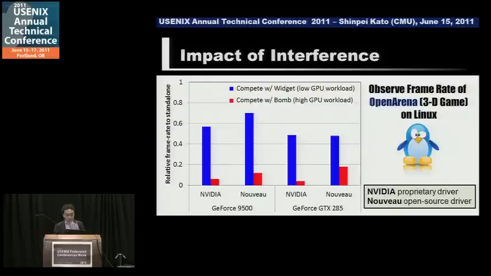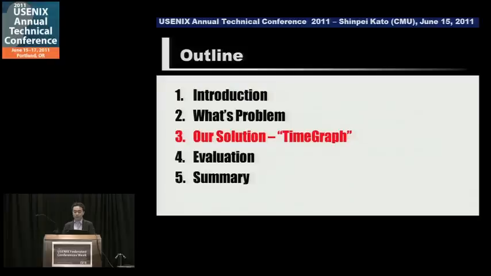As you can see, it can easily become unresponsive if the competing workload is high. And such performance interference occurs even for different types of GPUs, and also for different types of device drivers, which means this is a fundamental problem we have to address to use the GPU in multitasking environments.